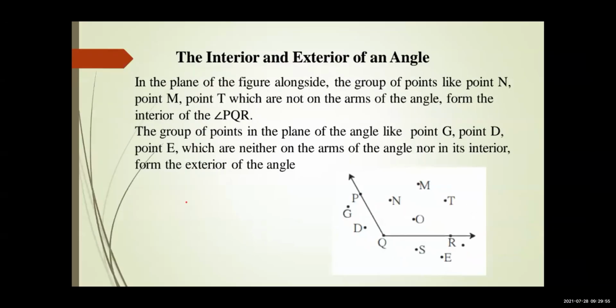I told you that we are going to learn first the interior and exterior of an angle. First just listen, and afterward what I tell you, that only you will write in the notebook. Interior means what?